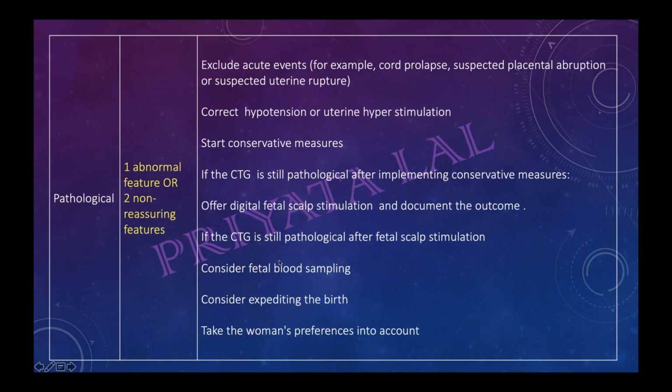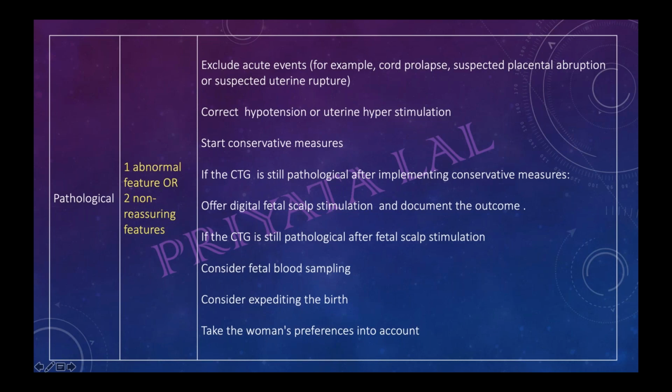Here you will find the answer most of the time, whether you have to expedite birth or consider FBS. That will be decided by what vaginal findings they have given.